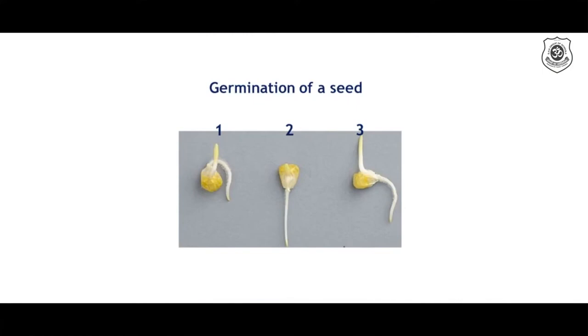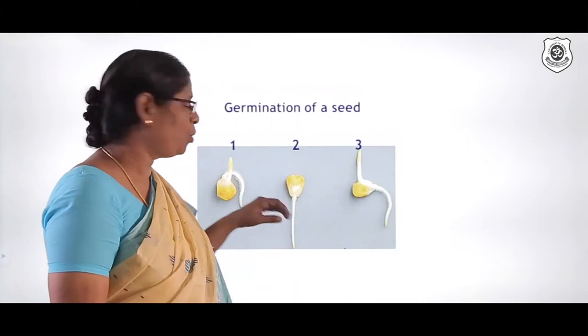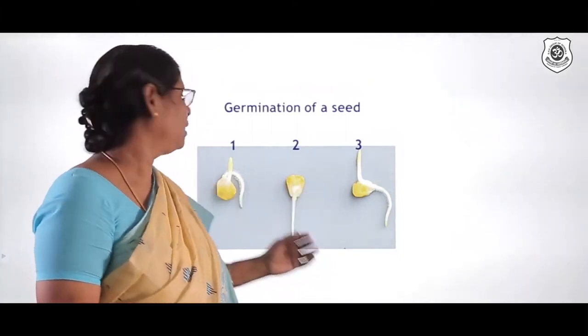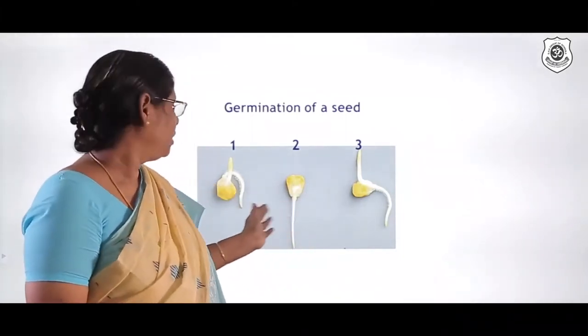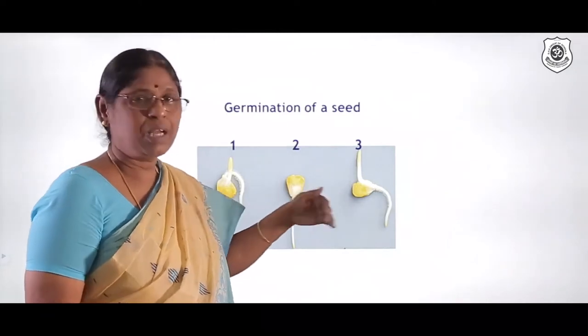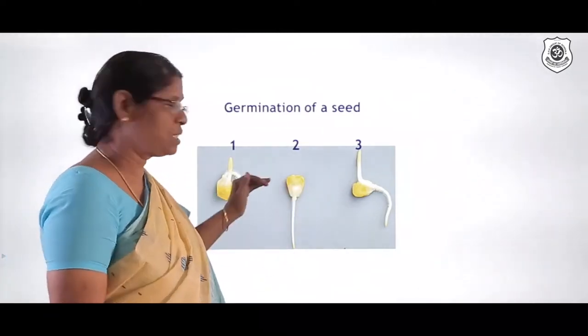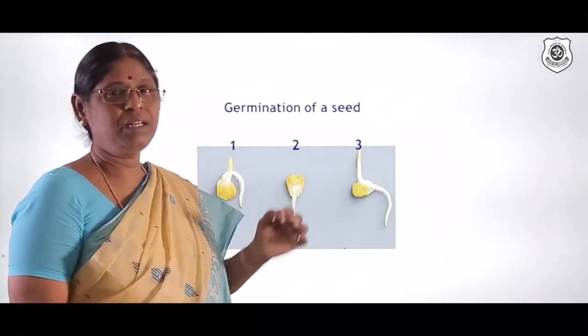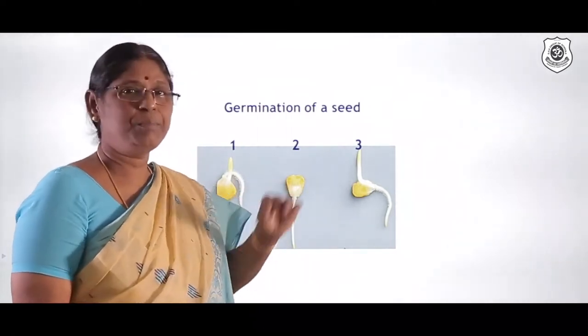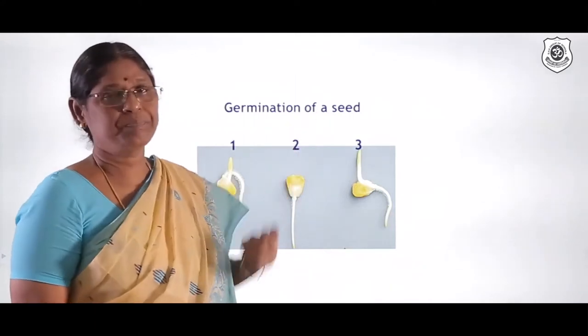Now this is an activity which will show that roots always grow towards the earth. You have to take 3 seeds and sow them in the soil and allow them to germinate. After some time you will see the roots coming out, that is from the radicle, and from the plumule the shoot will be coming out.